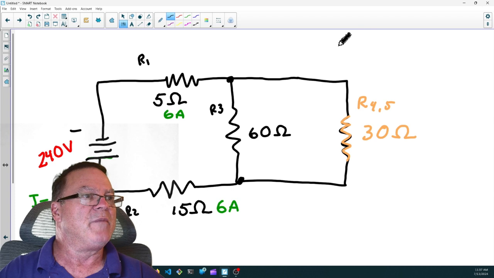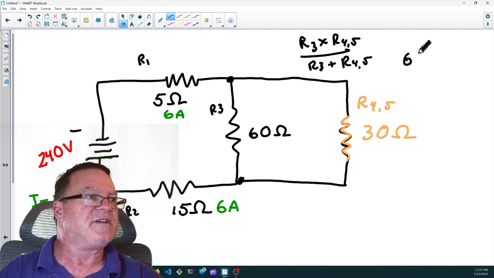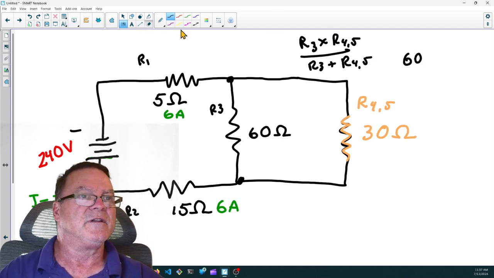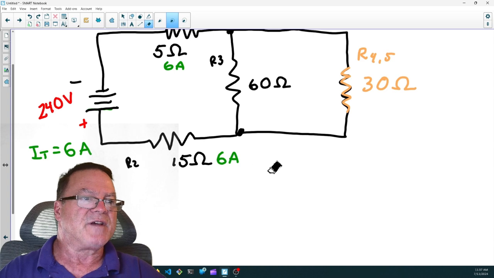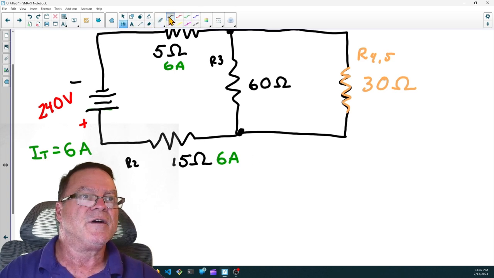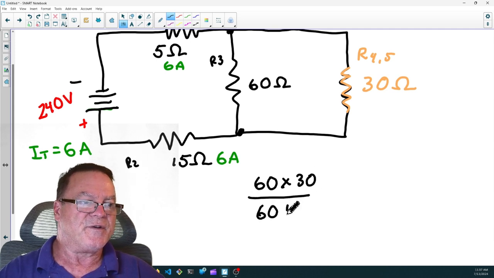So we could do the reciprocal method, or we could do product over sum. R3 times R4, 5 over R3 plus R4, 5. So that's 60. Well, I'm sorry, let me give myself a little bit more room. Let me come down here. 60 times 30 over 60 plus 30.